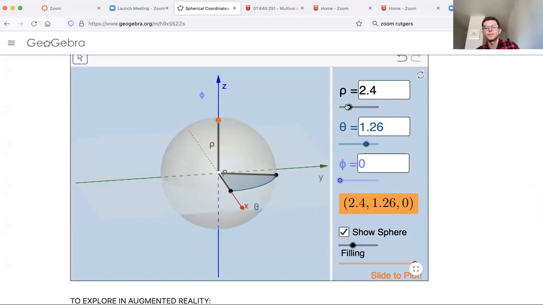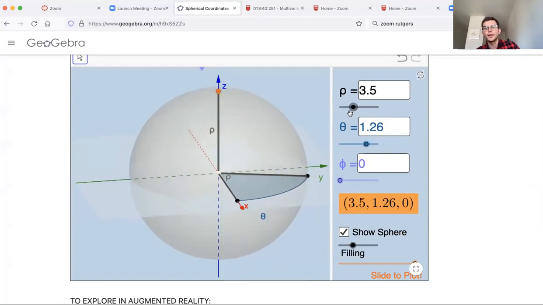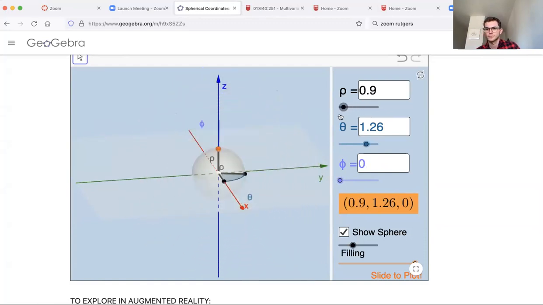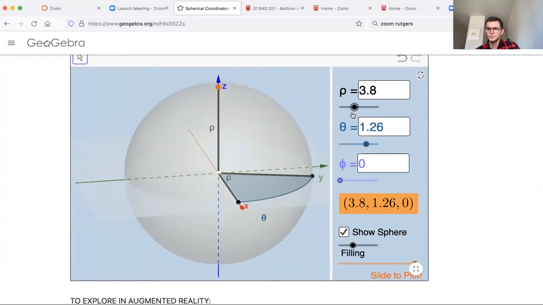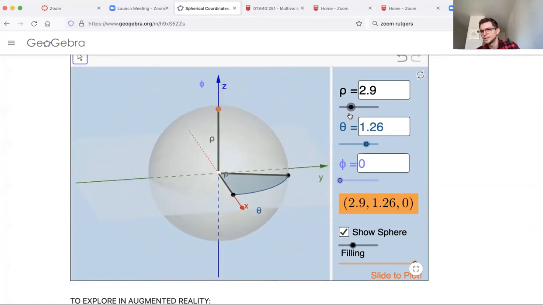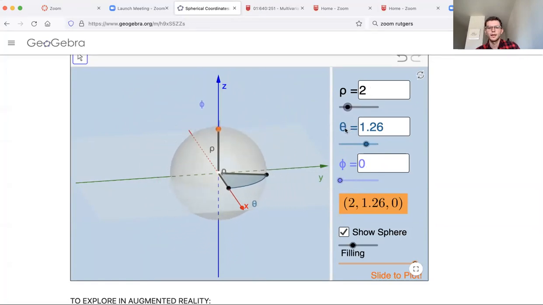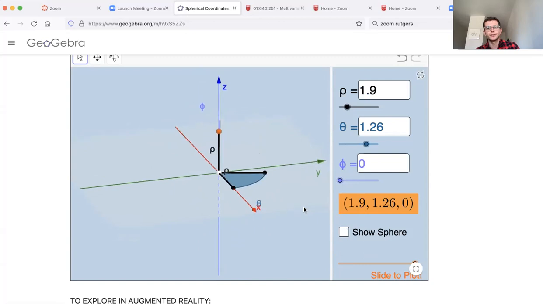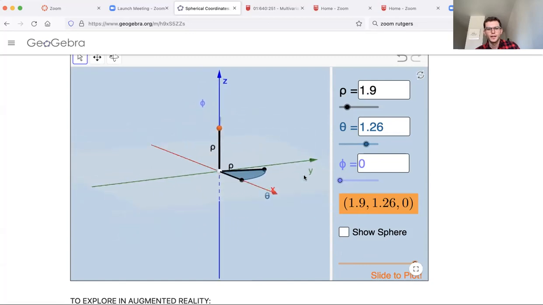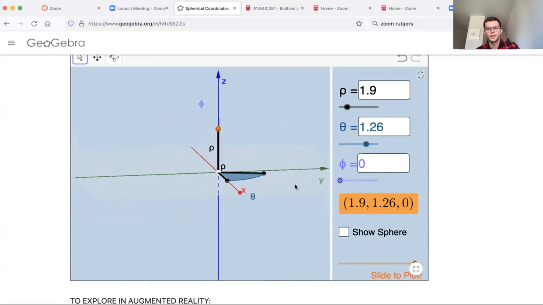As you move rho, you get a bunch of spheres, but those would not be circles, they would just be sphere cross sections. The sphere is just there for illustrative purposes. You don't need to see the sphere to find the point.